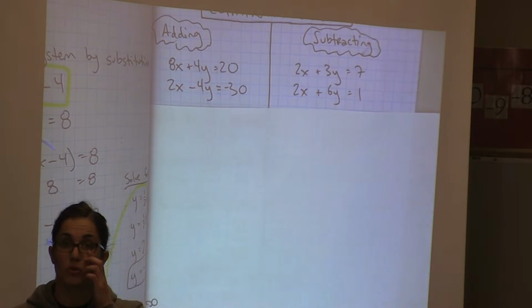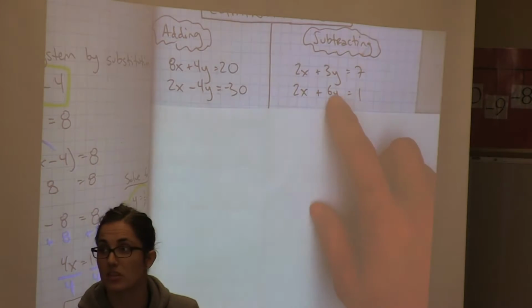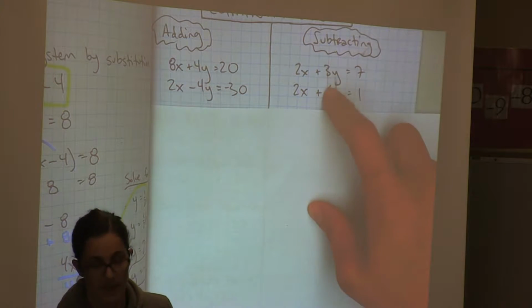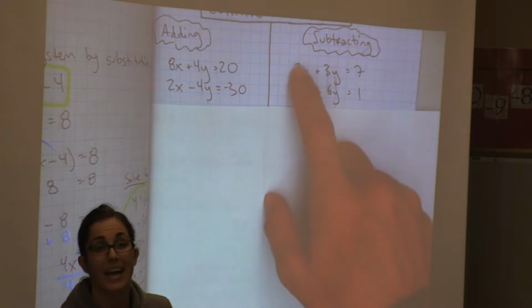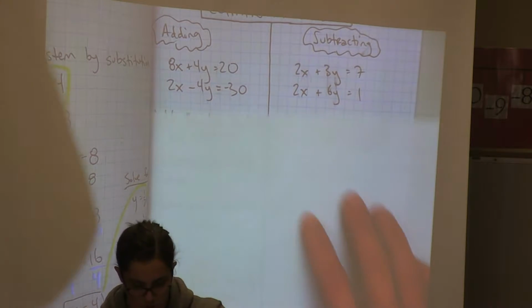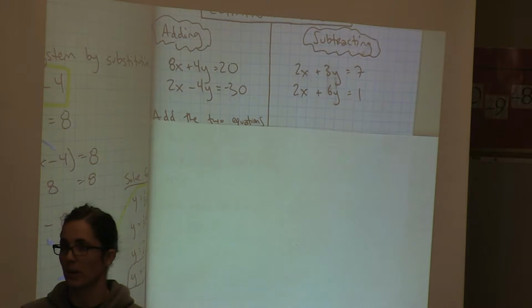But if we subtract, we're not talking about the y's canceling out this time. This time, we're talking about the x's getting eliminated, right? So here, I'm going to subtract, this is important, each piece of my equation.